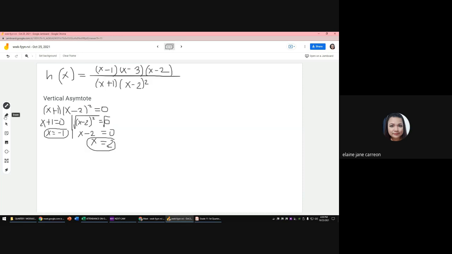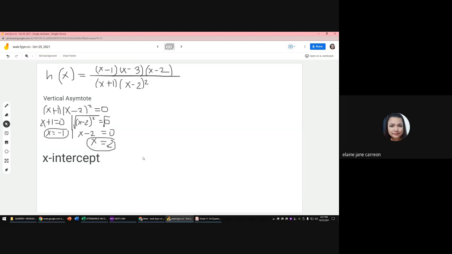Next, let's have the x-intercept. Ito hindi pa ito na-discuss. X-intercept. Okay, pag sinabing intercepts, ito yung mga points, hinahanap natin dito points or coordinates na kung saan tatama yung graph natin or yung function natin sa x and y axis.